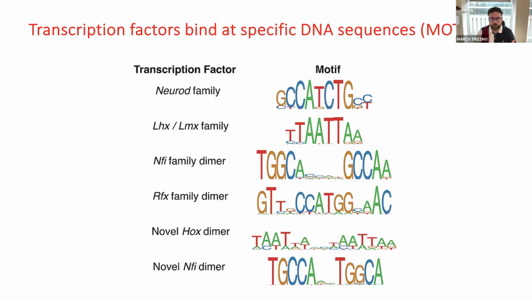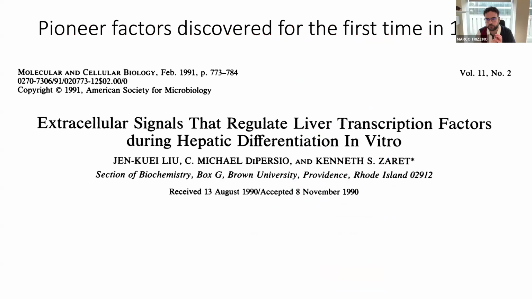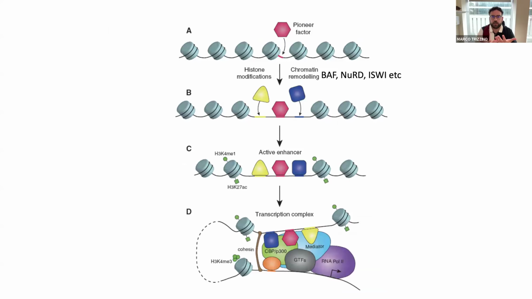This is performed by a specific class of transcription factors. It was discovered by Kenzer, who's now a professor at the University of Pennsylvania, at UPenn. They discovered this specific family of transcription factors called pioneer factors. Pioneer factors, like the name says, are the first transcription factors arriving.